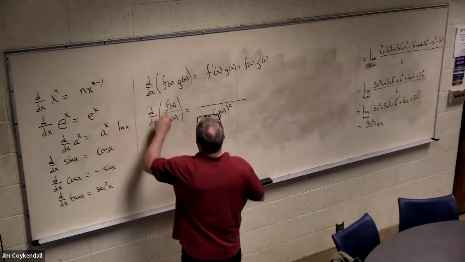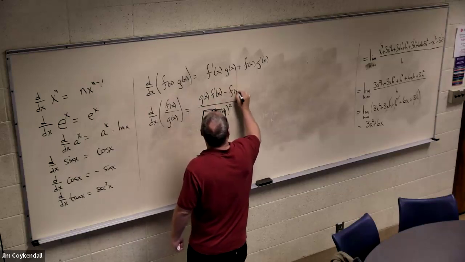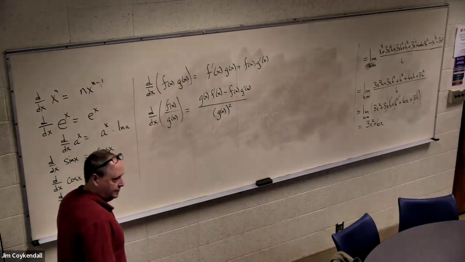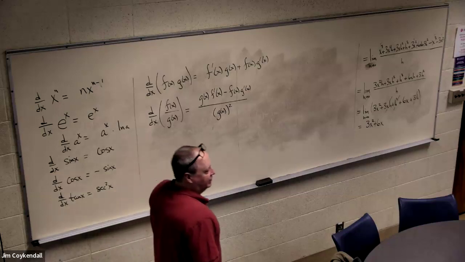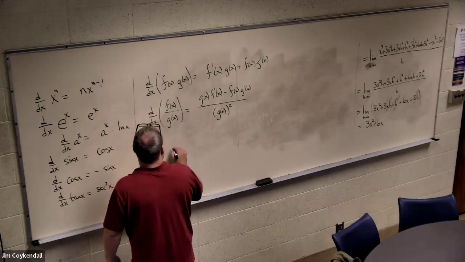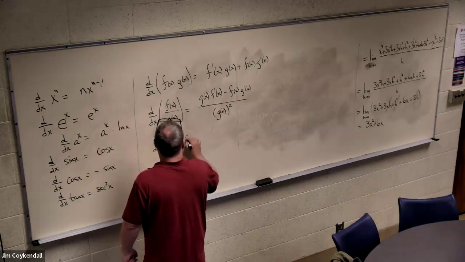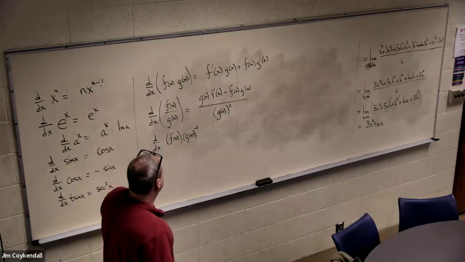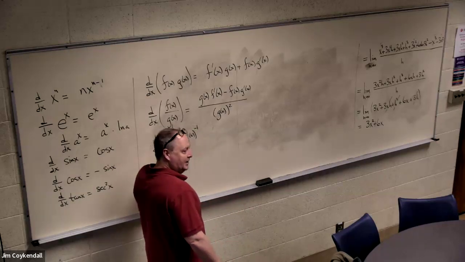Then it's bottom times the derivative of top, minus top times the derivative of bottom. Now, probably one of the last things that you learned, and important, is the chain rule. This is the same thing as this, isn't it?